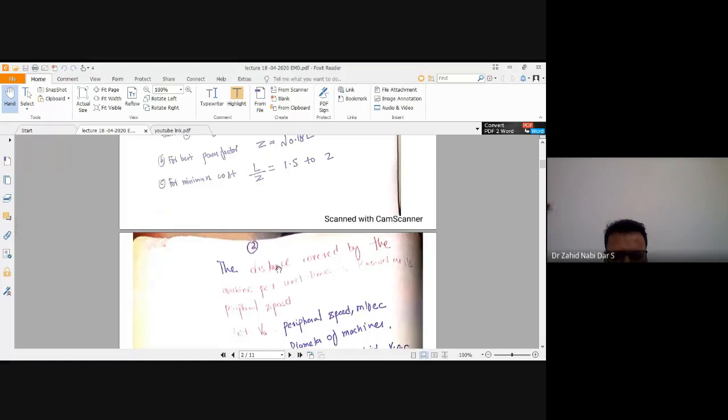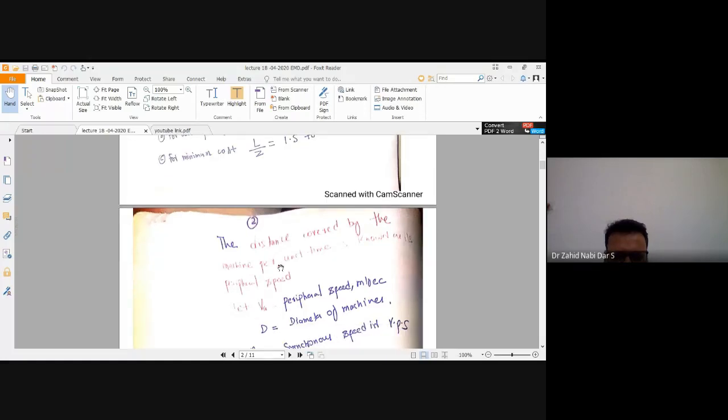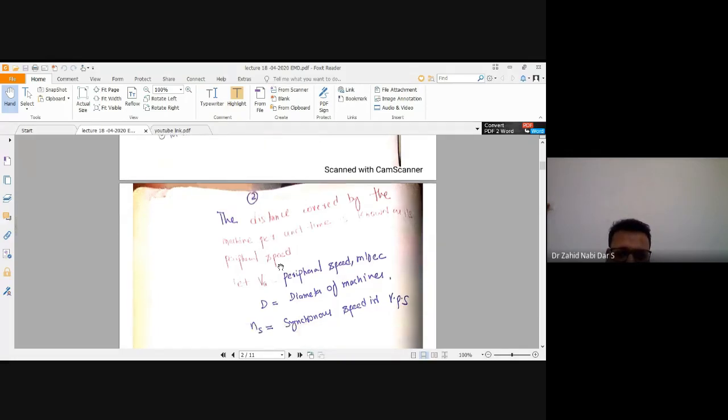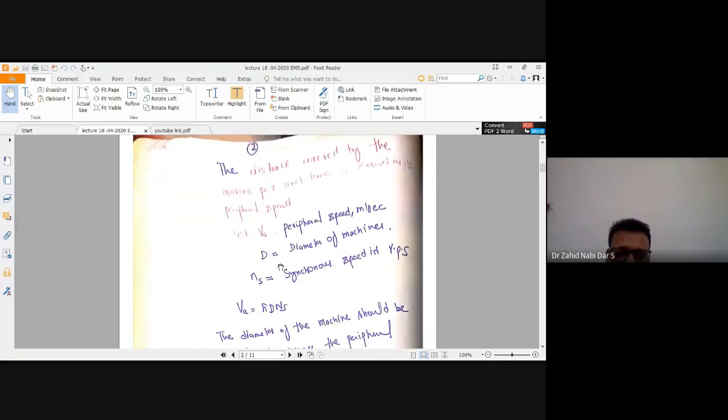The distance covered by the machine, that is the peripheral speed, is given by pi D N. If N is in rpm, for example 3000 rpm, then Va would not be pi D N, it would be pi D N by 60, because you have to express it in rps.